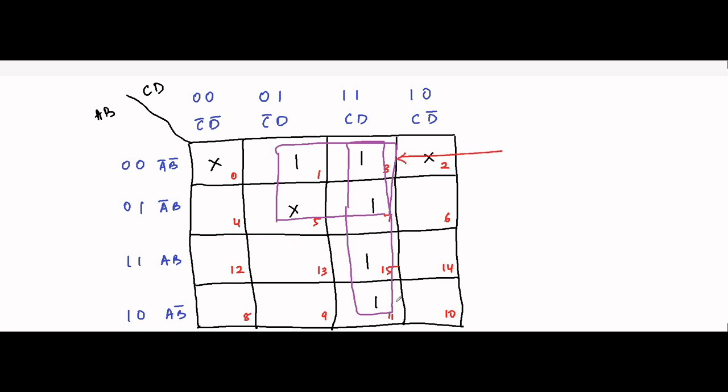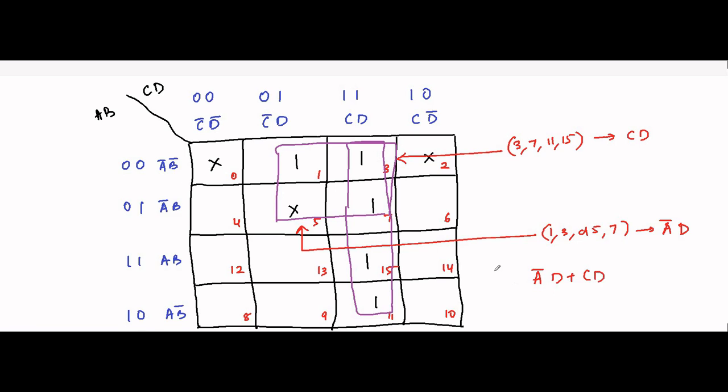This quad, which is 3, 7, 11, 15, is CD, and this quad, 1, 3, D5, 7, is A bar D: A bar from the horizontal, D from the vertical. So A bar D plus CD is the final minimized Boolean expression.